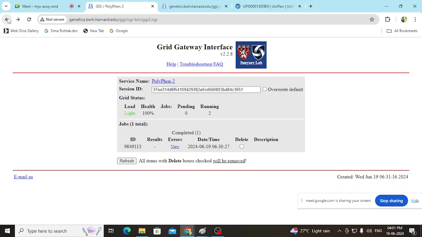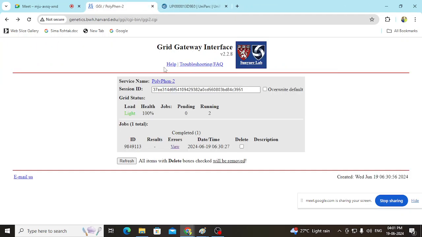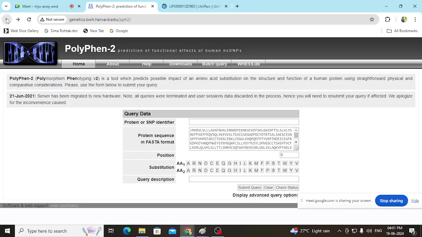Okay, we'll change it. Anyway, this is how this thing works. Since we have used a protein which is different from the usual one, the database is different, therefore the format is also different. So it is not able to find it.